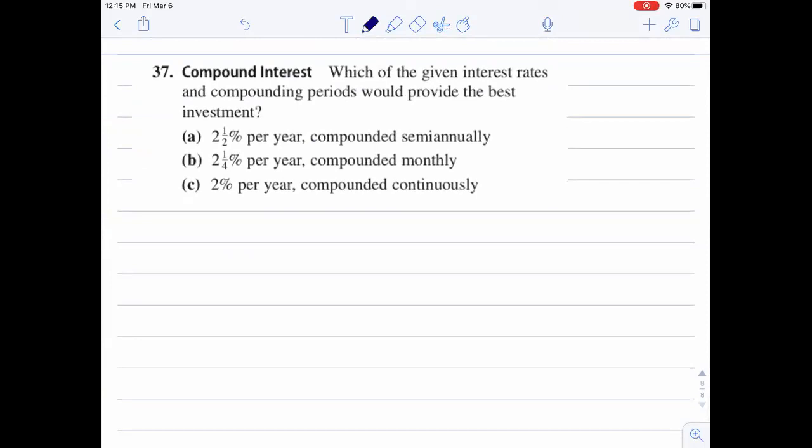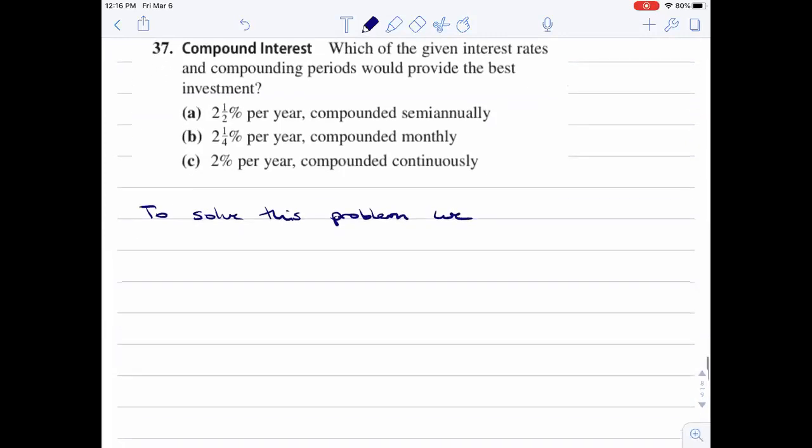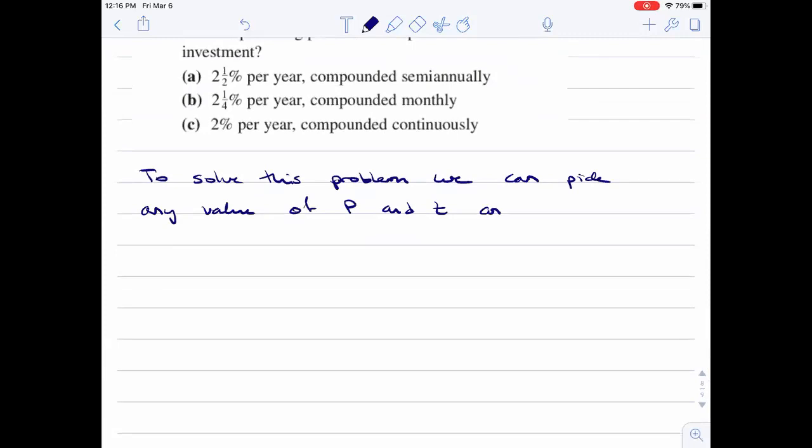So to solve this problem, we can pick any value of P and T, and compare the values of A of T.